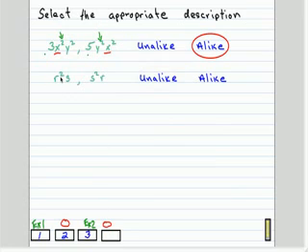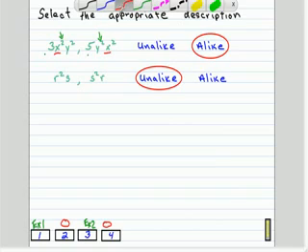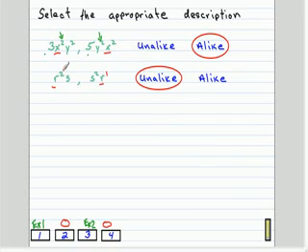So how about r squared s and s squared r? Are they alike or unalike? And you have to ask, do they have common variables with the same exponent? So in this case, they are unalike because they both have an r, but this r is 1 and this r is 2. They both have an s, but this s is 1, this s is 2.